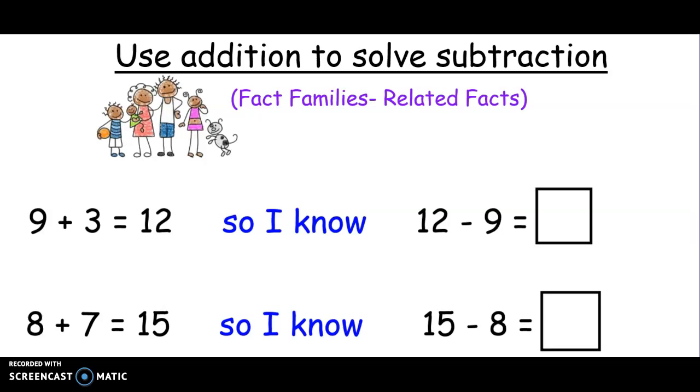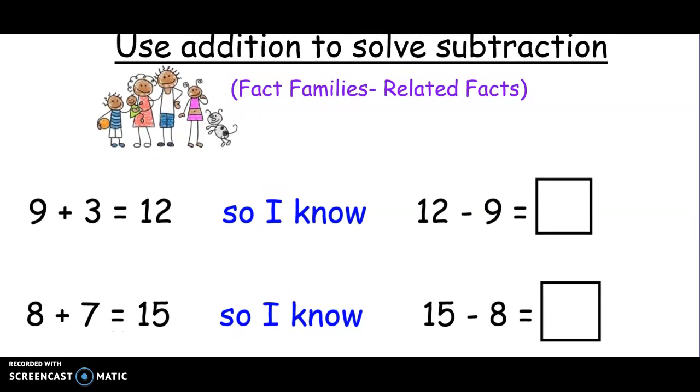All right, so we're also talking about how we can use addition to solve subtraction because these are related facts, related equations. Also, you can call them fact families. So since we know that 9 plus 3 equals 12, we also can figure out that 12 take away 9 equals what? Well, what's missing? Here I can see the 12s.